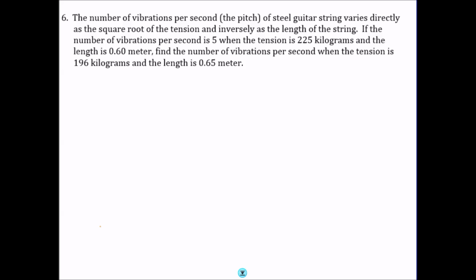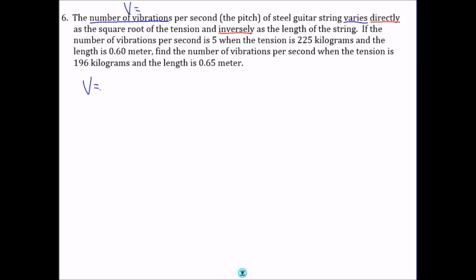The number of vibrations per second, or the pitch of a steel guitar string, varies directly as the square root of the tension and inversely as the length of the string. It says the number of vibrations varies. So that means I'm going to have V equals.